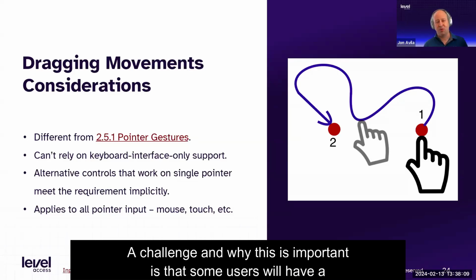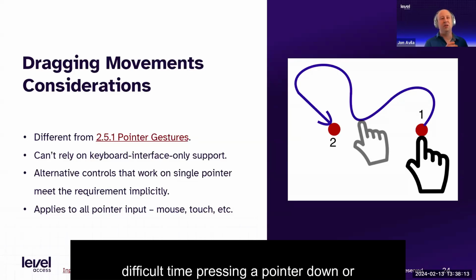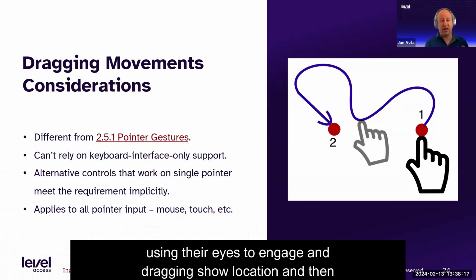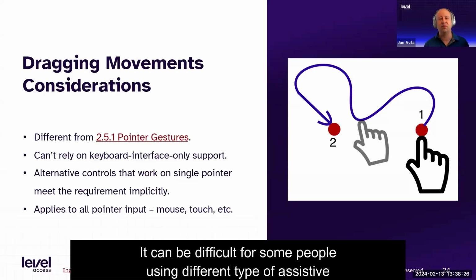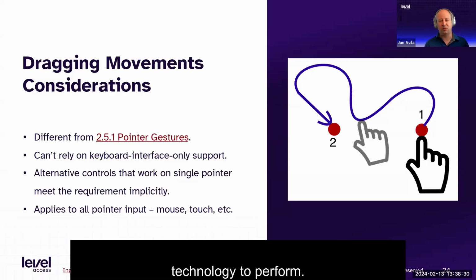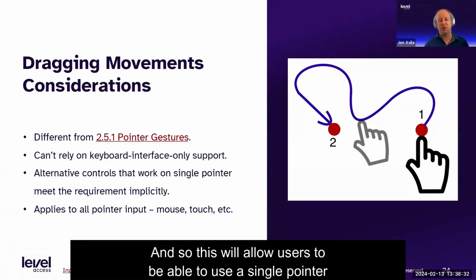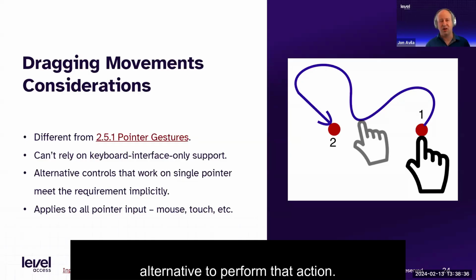Some users will have a difficult time pressing a pointer down or using their eyes to engage and dragging to a location and then releasing. Those motions can be a complex set of motions. It can be difficult for some people using different types of assistive technology to perform. So this will allow users to use a single pointer alternative to perform that action.